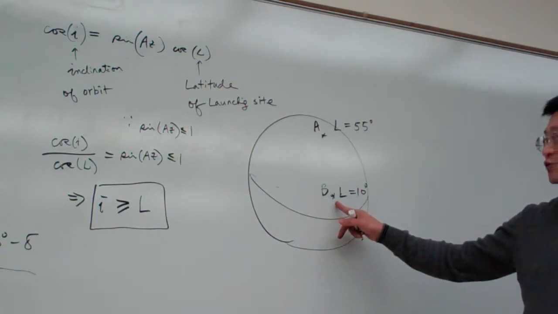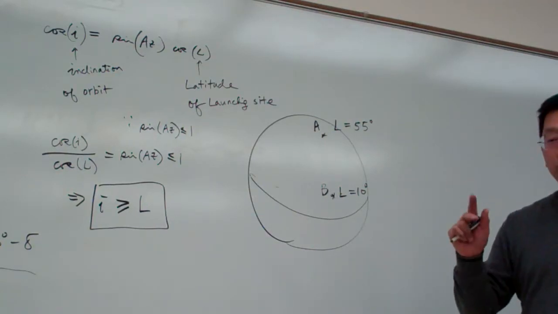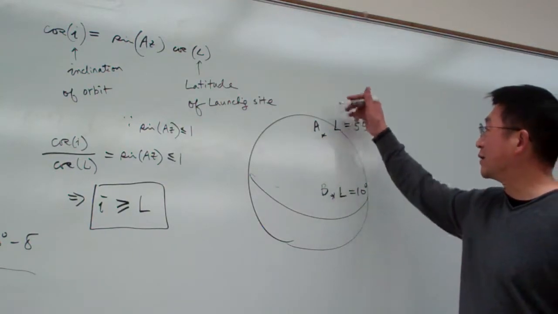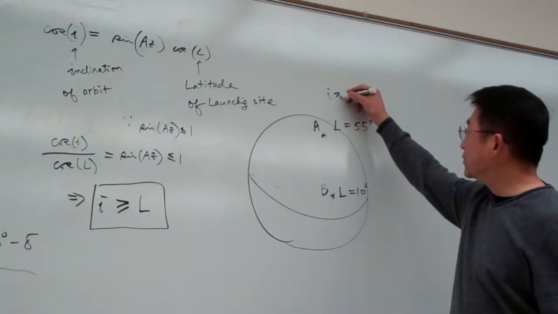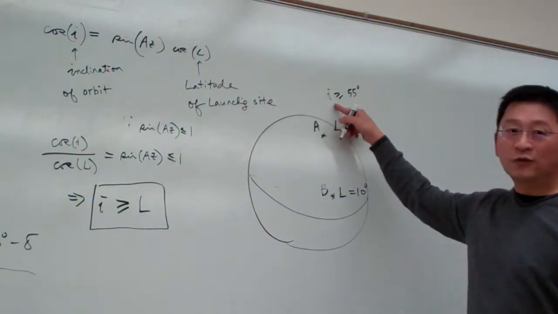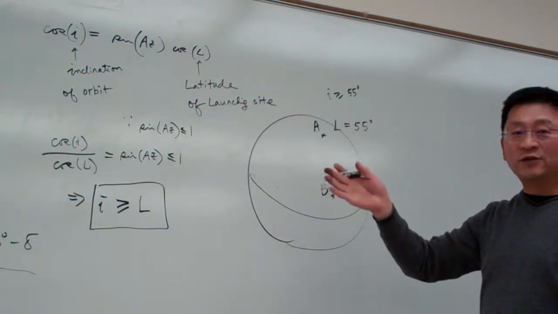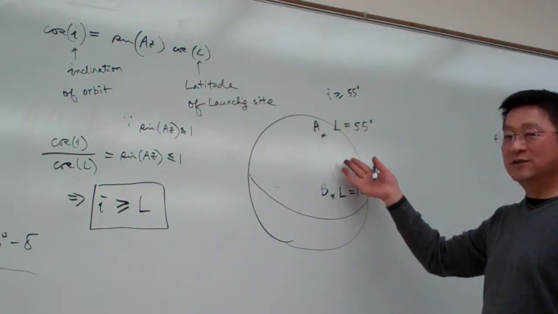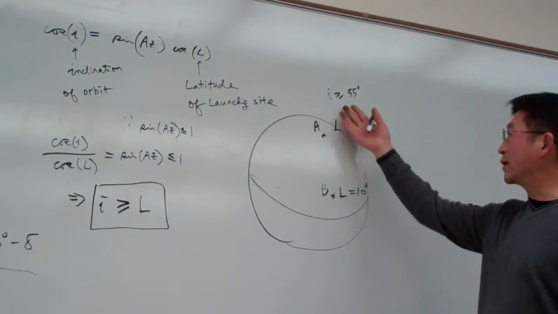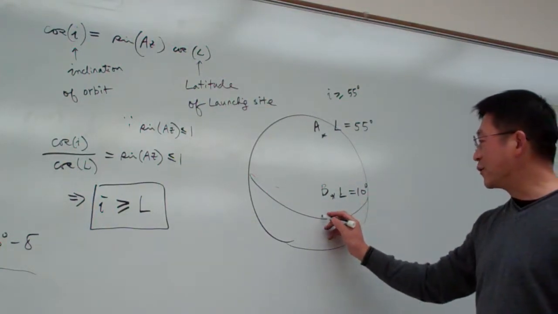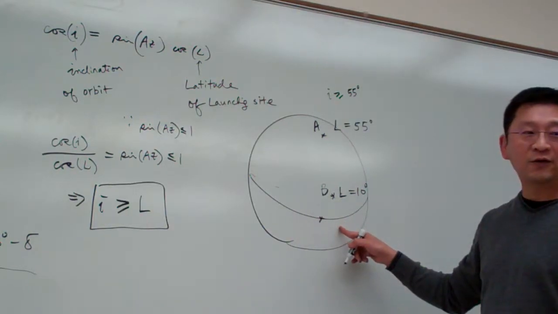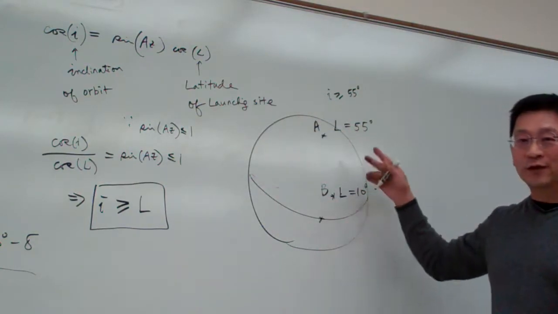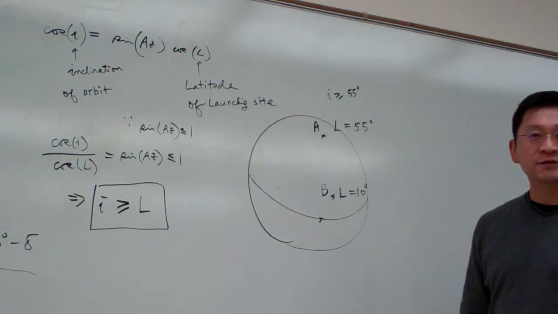B, because this one gives us more degrees of freedom to choose I. If we're launching from here, then due to the geometry, I must be greater than 55 degrees, so you have basically defined your orbit. You're losing the opportunity of probing any site lower than that latitude. If you have a launching site just on the equator, holy cow, you have the capability of designing orbits which cover everywhere on the Earth.